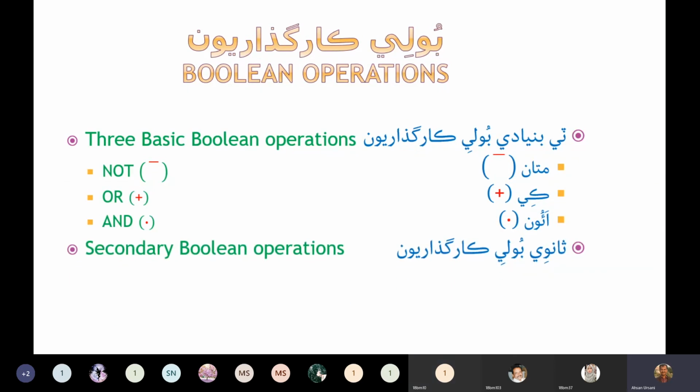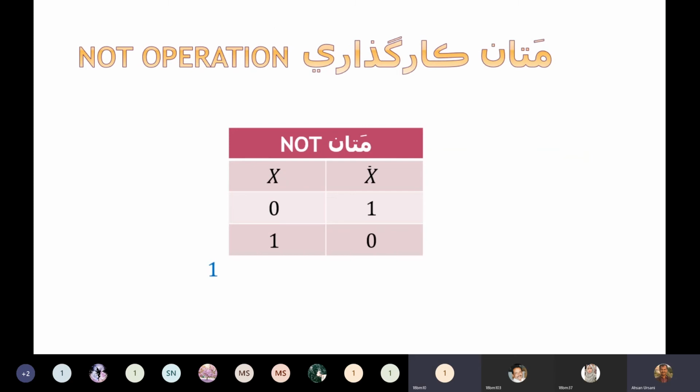After the three fundamental logic operations, NOT, OR, and AND, we were studying secondary Boolean operations. NOT means if a variable is true, its NOT will be false.